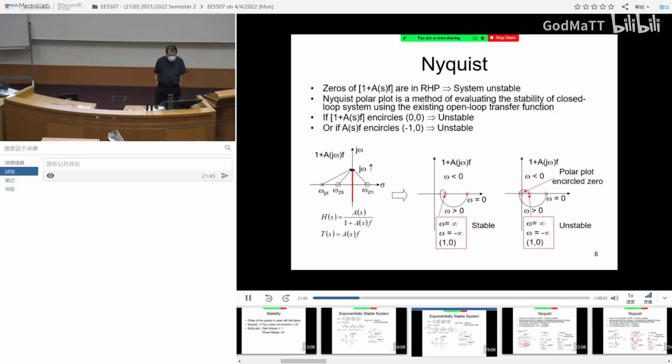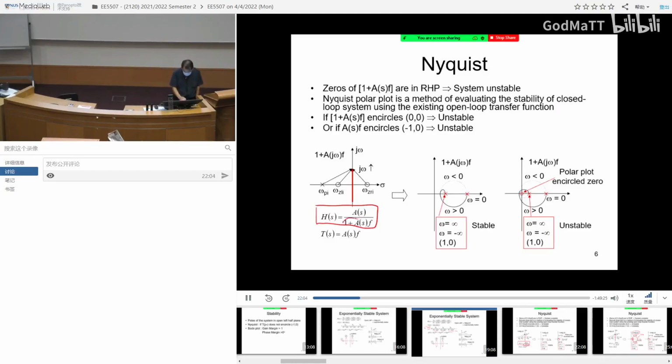So the Nyquist theorem, described in this manner, what does it mean? Supposedly, you have the closed loop transfer function looking like the following. You are not going to plot out the whole transfer function.